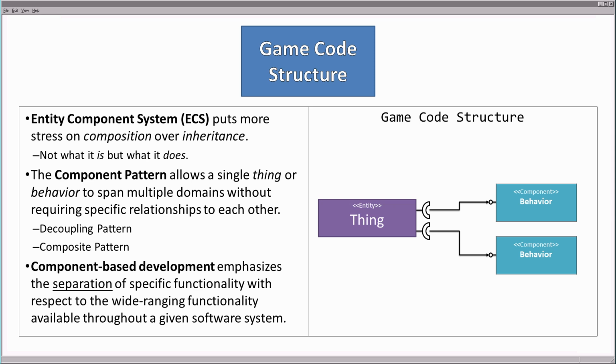It is considered to be a decoupling pattern, and it has much in common with the composite pattern, where programming objects are composed of other programming objects. Component-based development emphasizes the separation of specific functionality with respect to the wide-ranging functionality available throughout a system.